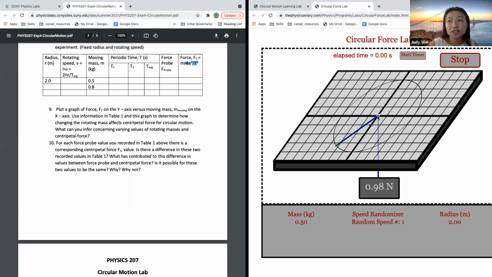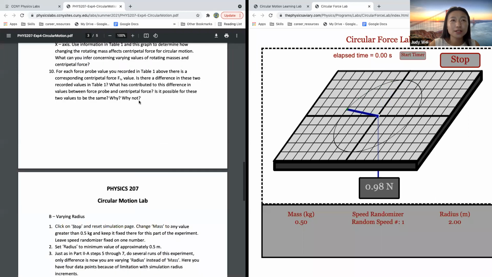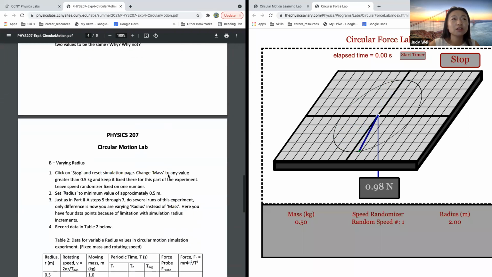There's also friction. When the string has contact with this board, it has friction, which maybe makes the centripetal force smaller than the force probe. And is it possible for these two values to be the same? You can tell me why or why not. Just list your questions and tell me your answer.